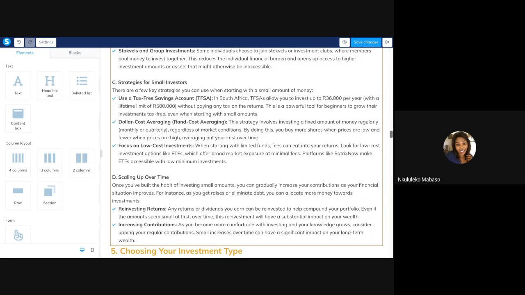But now it starts to sound like I have to read up and be clued up whether I want to invest in Sasol or Unilever, which company is doing well at what time, are they changing CEOs? I'm like, oh no, I don't know if I have time for that, honestly. So I just want my money to work for me without worrying too much about where exactly it is going, and how I am making money.